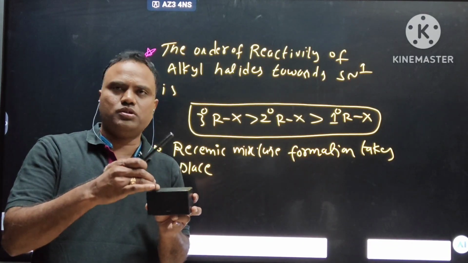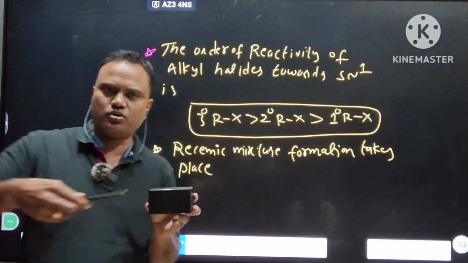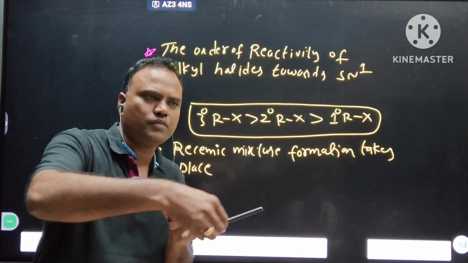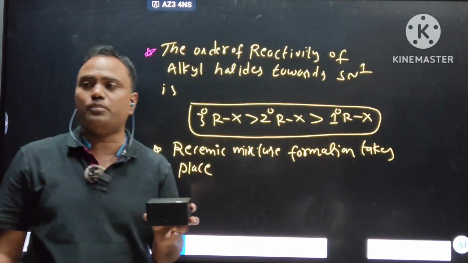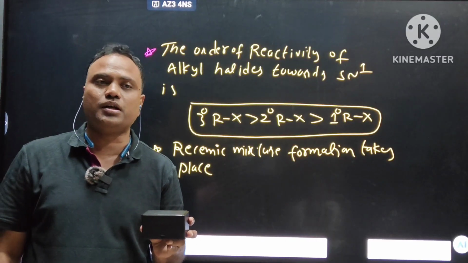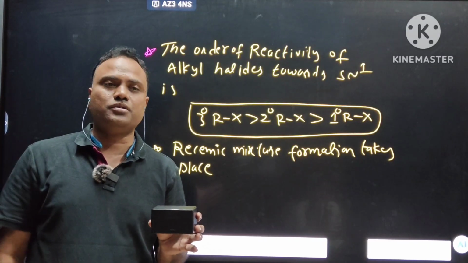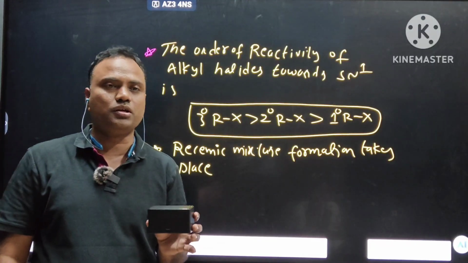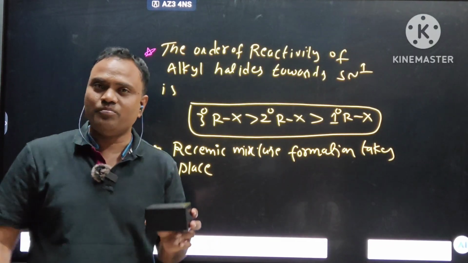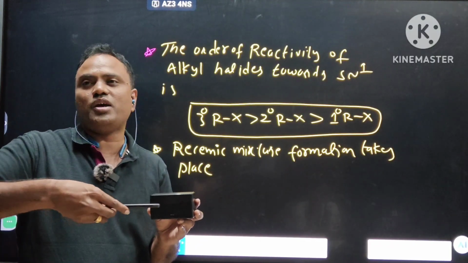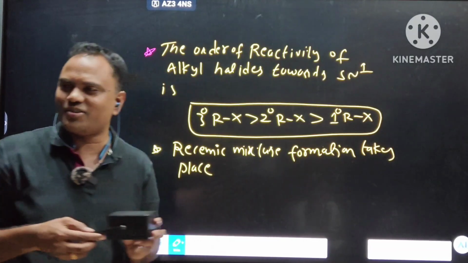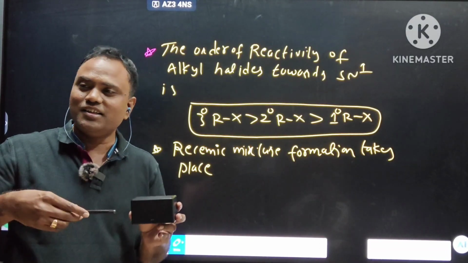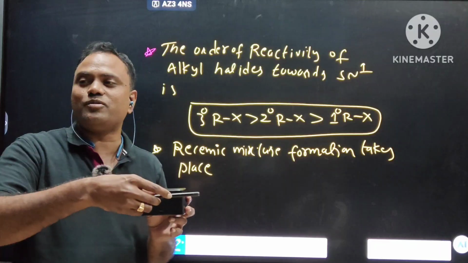The compound which rotates plane polarized light towards left or right is called an optically active compound, and the phenomenon is called optical activity. Then what is dextrorotatory? The compound which rotates plane polarized light towards the right side. What is levorotatory? The compound which rotates plane polarized light towards the left.